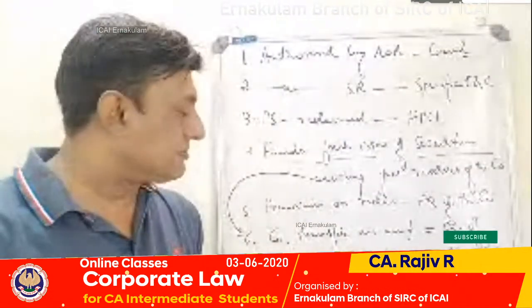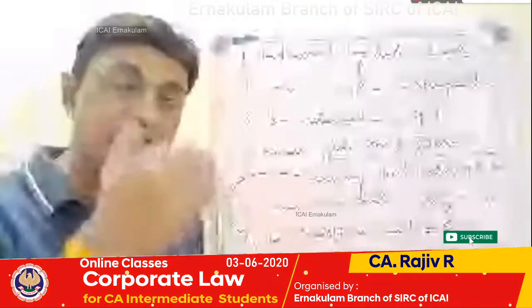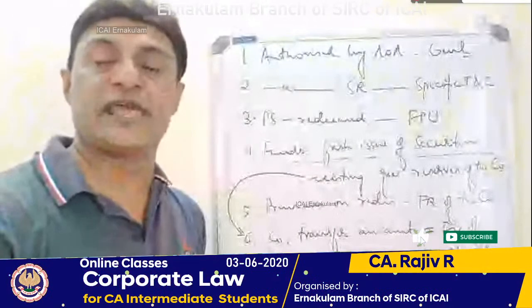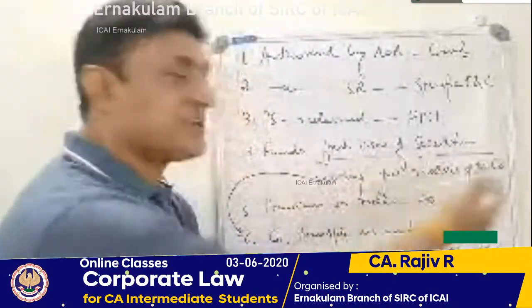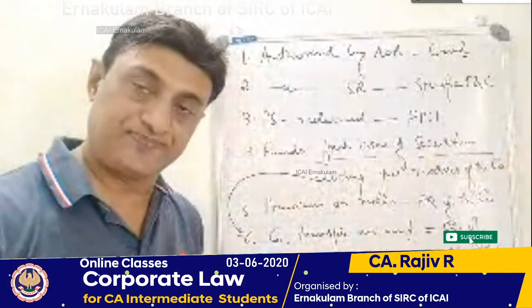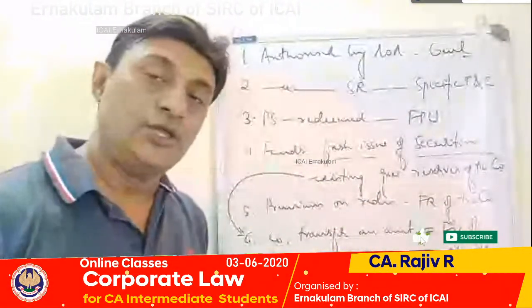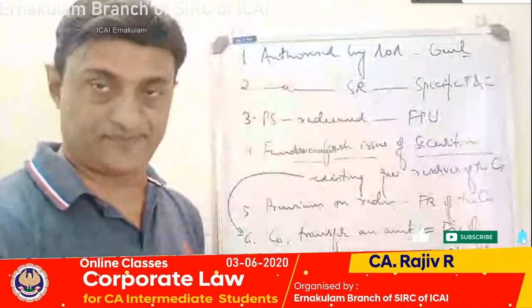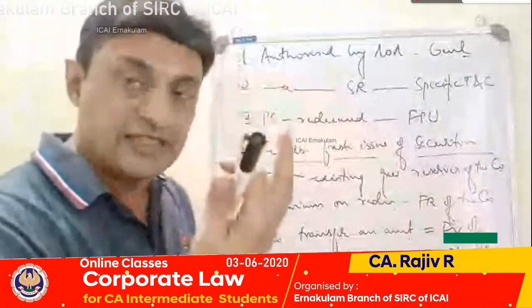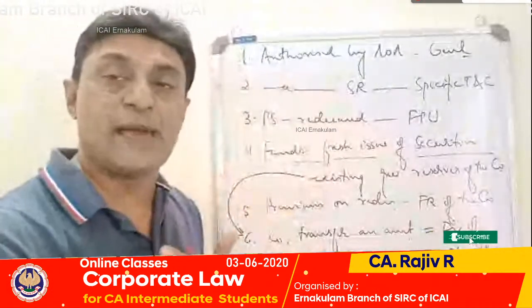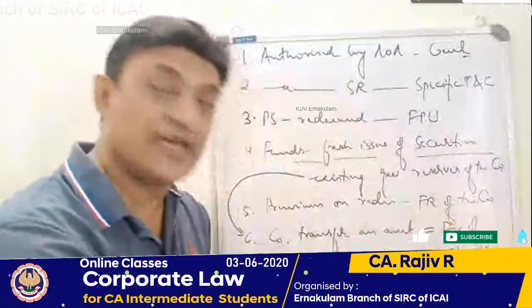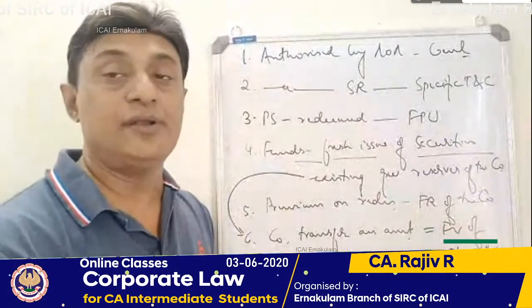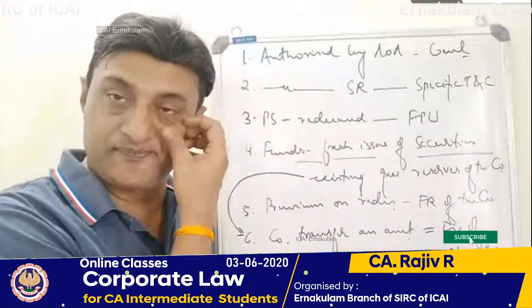I repeat, if the redemption of preference share capital is funded out of the existing free reserves of the company, then you have to pass a journal entry transferring the face value of the preference share capital redeemed to a separate reserve account called the capital redemption reserve account.